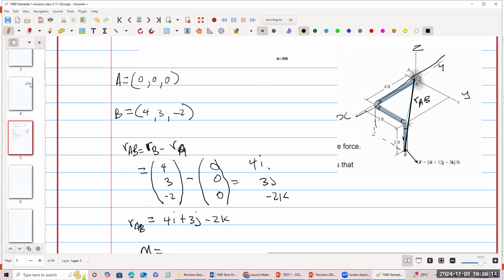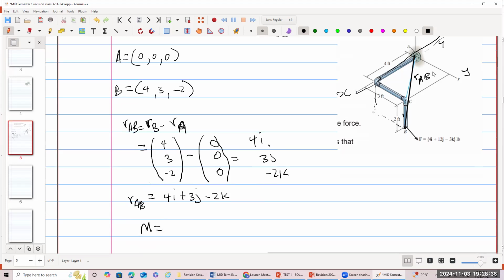I'm making the point that A is on the axis that we're finding it about, which is critical. That is why we went out to A, and why we found the position vector AB. But what is the unit vector along the x-axis? Can somebody tell me?